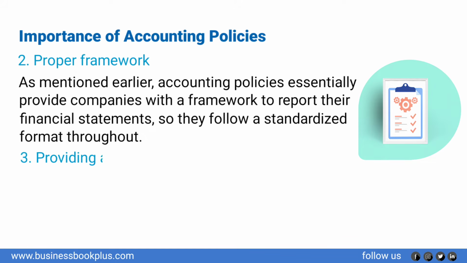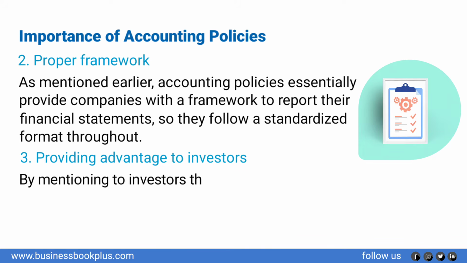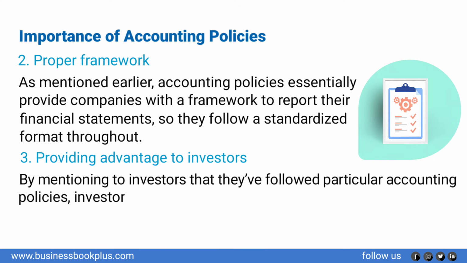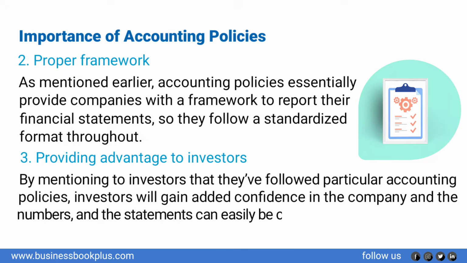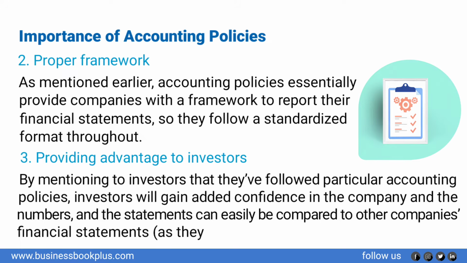Number 3. Providing advantage to investors. By mentioning to investors that they have followed particular accounting policies, investors can gain added confidence in the company and the numbers, and these statements can easily be compared to other companies' financial statements as they follow a standardized format.